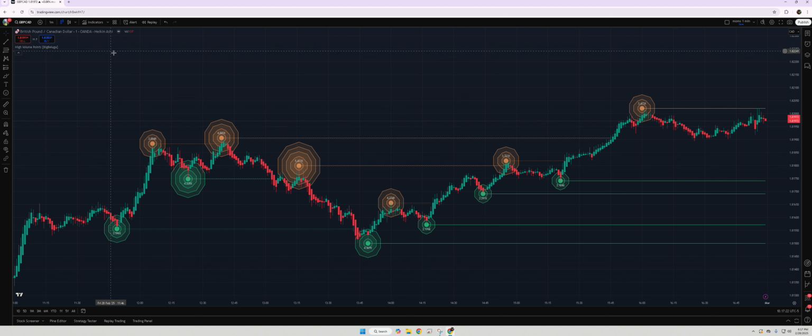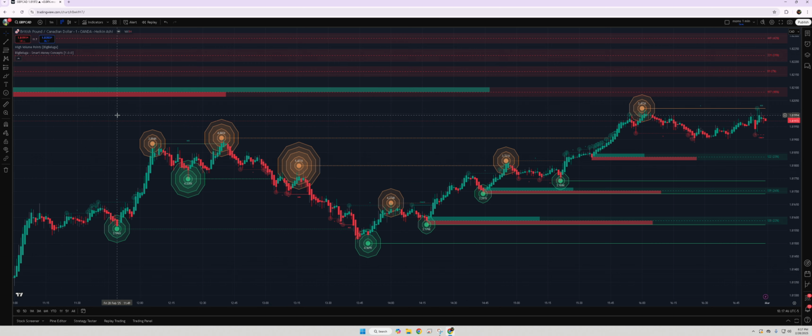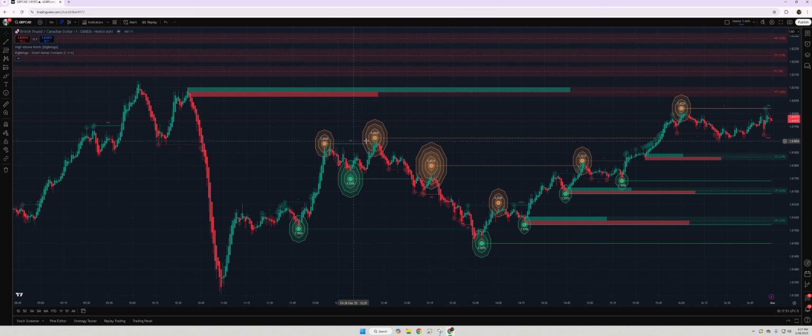Now we're going to add the second indicator. Search up here for Price Action Smart Money Concepts by this guy here, same guy. Save it to favorites and add it to your chart. This is a price action system, so we have a volume indicator and a price action indicator working on this chart.